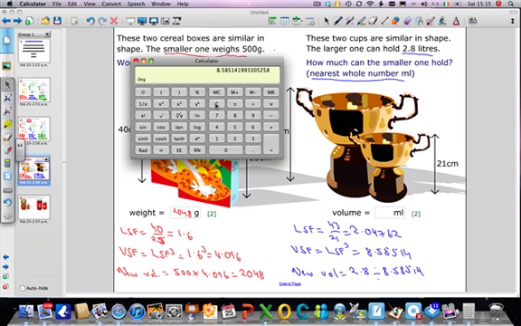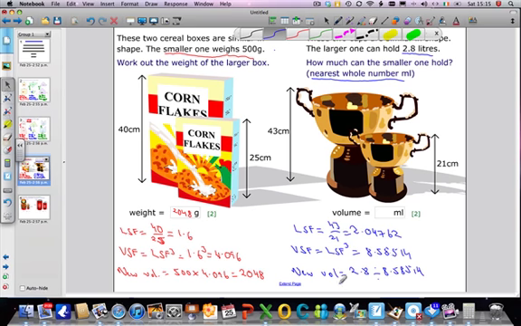So using your calculator, 2.8 divided by 8.58514, and we get 0.32615, which equals 0.32615.